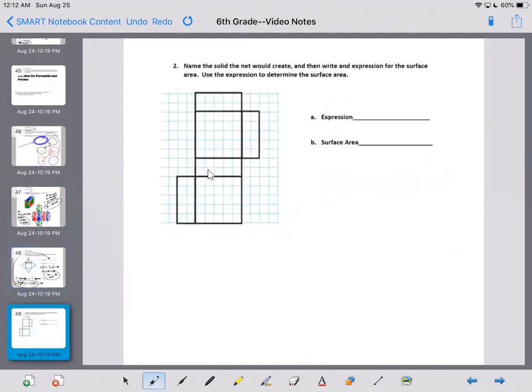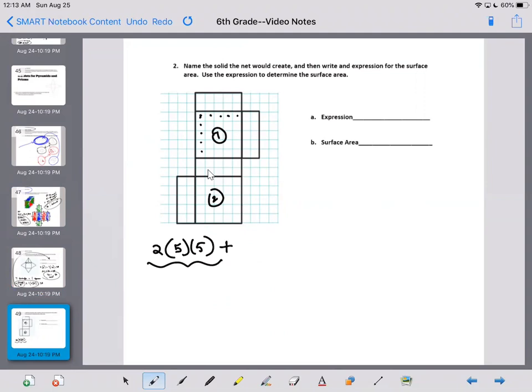All right, so next we have, looks like we have 1, 2, 3, 4, 5. So we have 2 5 by 5s, because number 1 is a 5 by 5, number 2 is a 5 by 5. So we have 2 of those, so that's why I'm writing 2 multiplied by 5 by 5.